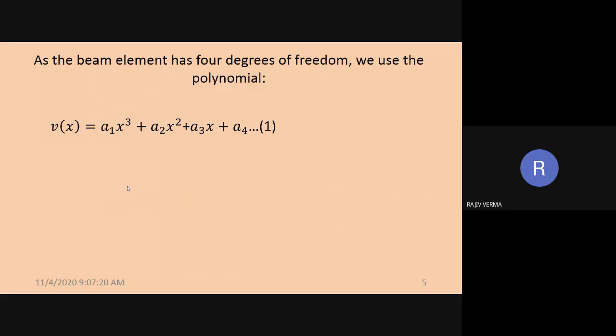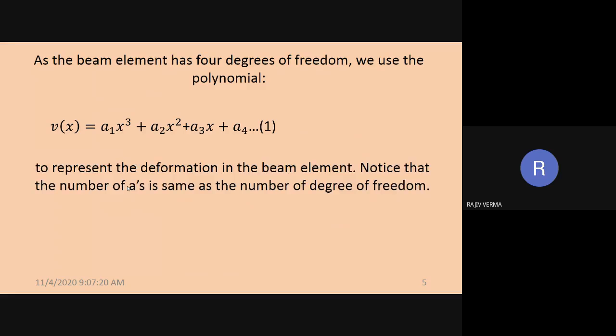The order of the polynomial which has to be chosen is always going to depend upon the number of degrees of freedom of the element. And since in this particular case the number of degrees of freedom happens to be 4, we are choosing a cubic polynomial. Now this particular relationship is going to be used to represent the deformation in the beam element.